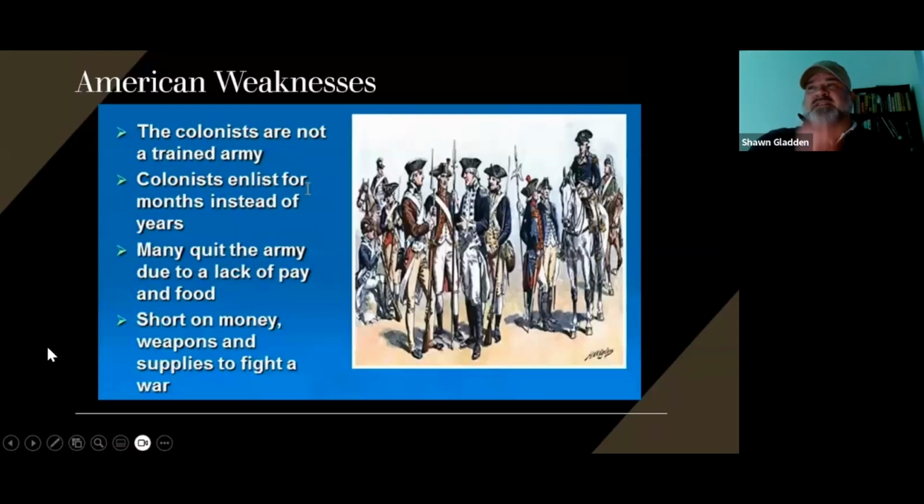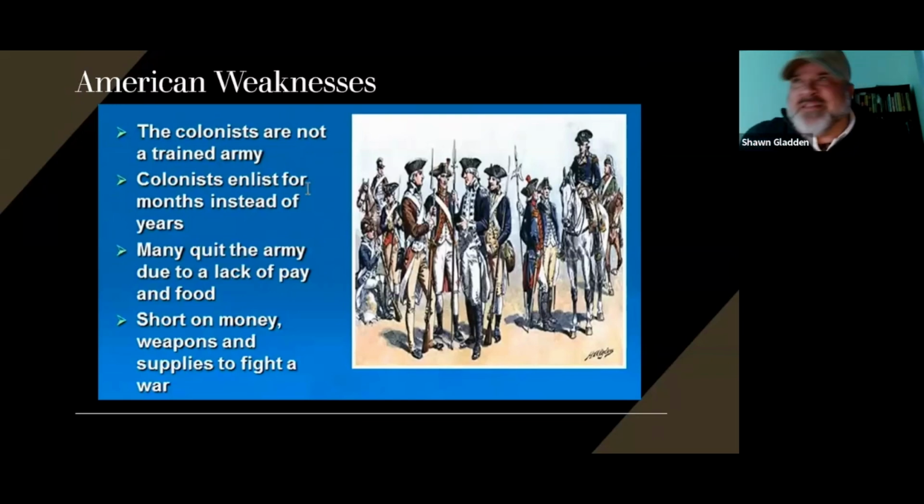All right, weaknesses. The colonists are not a very well trained army. It was really, really hard to get these guys to stay in with their enlistment. First of all, they could only get a few months of enlistment. I think it was like 6 month enlistment instead of years, and that's really tough to keep a unit together if you've got guys who are leaving after 6 months.